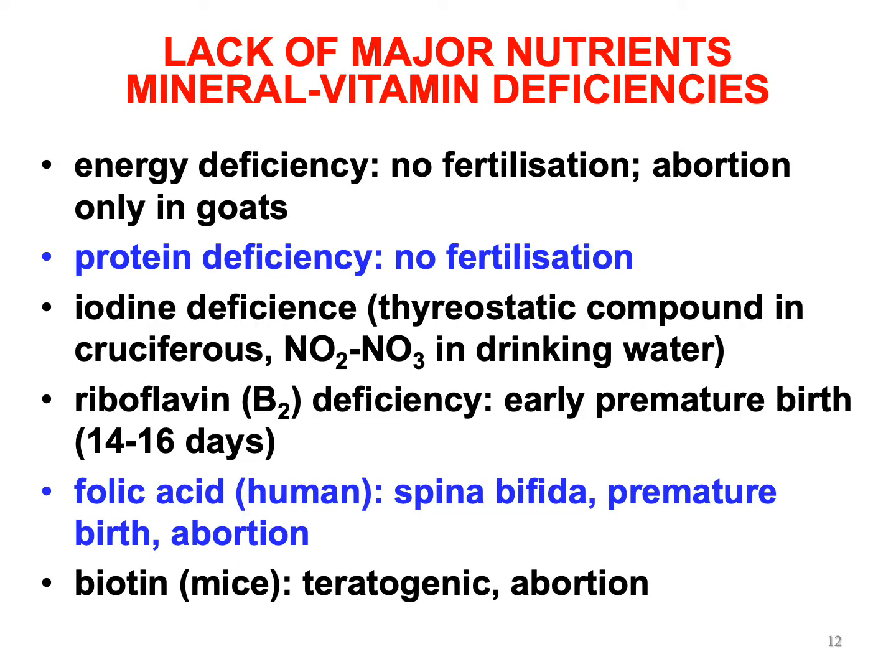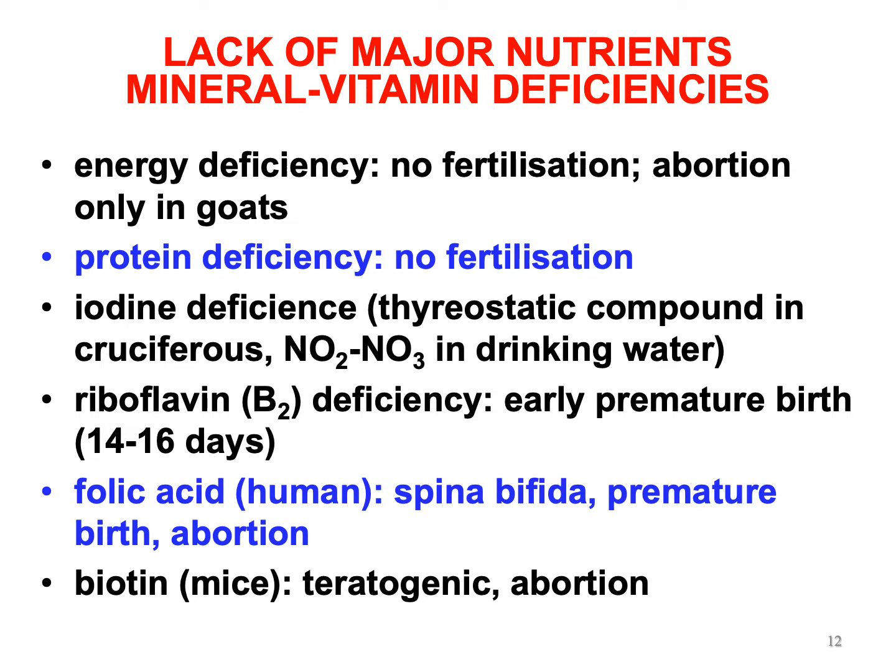The basically nutritional part of the etiology of abortion are the lack of major nutrients and the mineral vitamin deficiencies. You know that the major nutrients are the carbohydrates, the fat and oils, and the protein, and we can summarize them as energy. The energy deficiency mostly will prevent the fertilization, and the abortion is not typical owing to energy deficit.